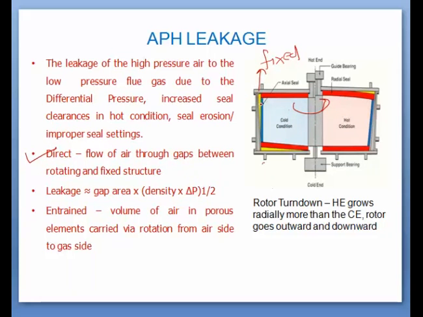So there is a gap, so there may be chances of air escaping through these gaps. The relation is: leakage is proportional to the gap area times the density of the fluid times the differential pressure, divided by 2.